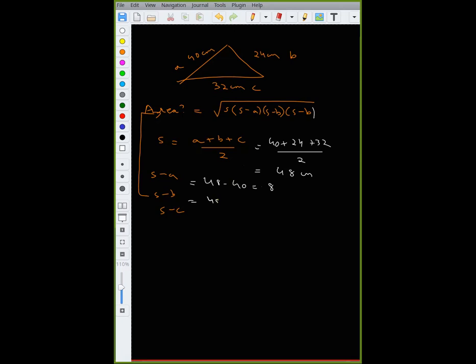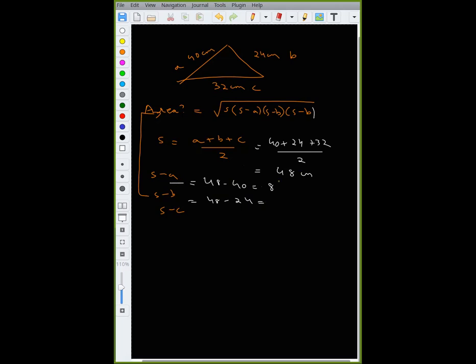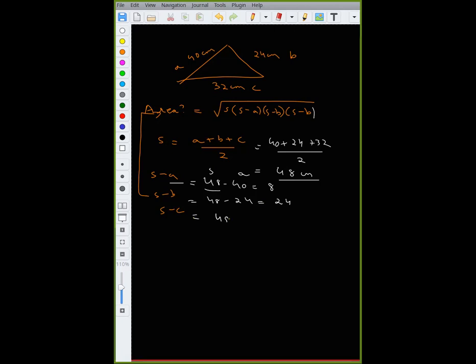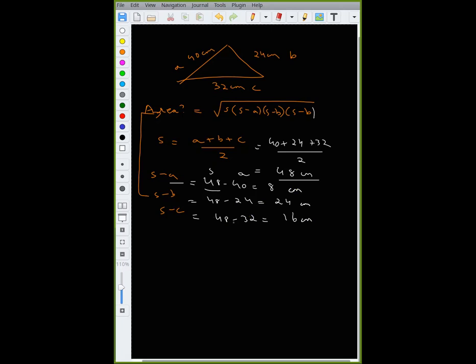Now S minus B is 48 minus 24, which is again 24. And the last one, S minus C, is 48 minus 32, which is 16. Remember to use the units. If you don't write the units, everything will go waste.